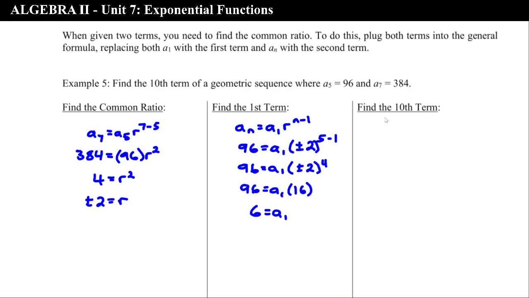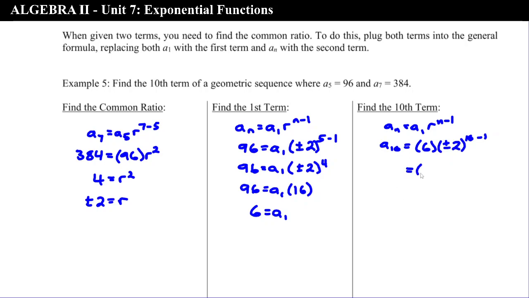Now let's find the 10th term. Again, we go back to the same formula. A sub n equals a sub 1 times r to the n minus 1. A sub 10 is what we're looking for. We know a sub 1 is 6 now. R, you still have to treat it as plus or minus 2. And then we have 10 minus 1 as your exponent.